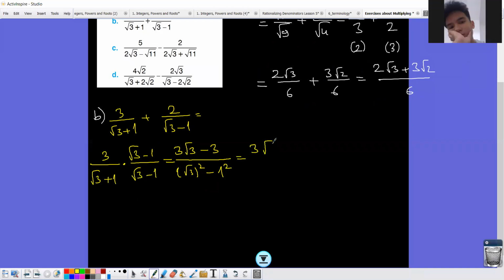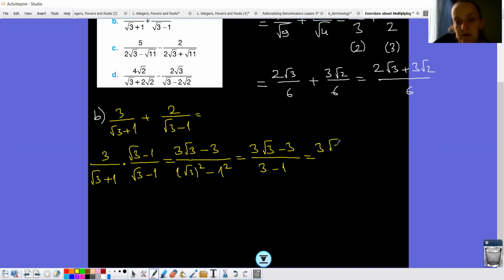So I have 3 root 3 minus 3 over 2. That is the first one.